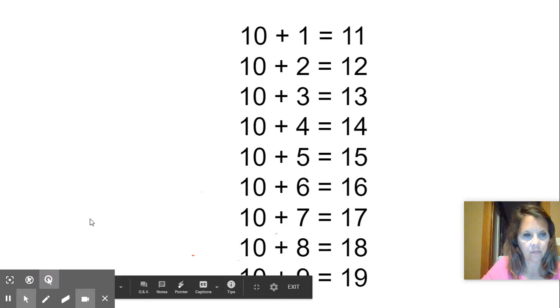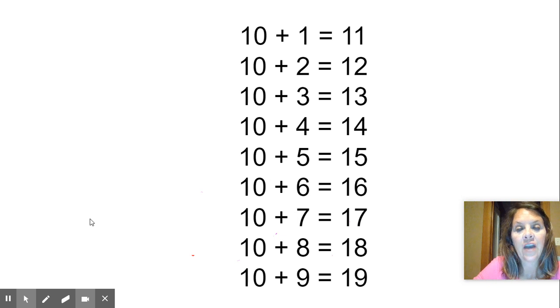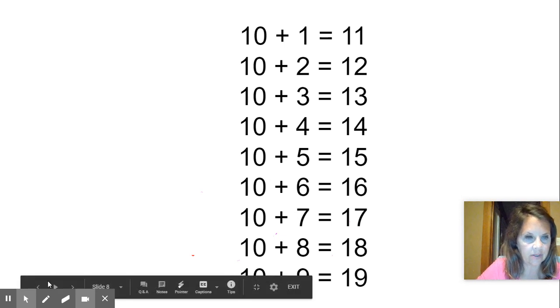Way to go. So you've gotten a chance to practice a couple of those problems with me, and here is a list of equations of 10 and some more, and the teen that correlates with that. So here's what it would look like, and you'll probably see a pattern. So we have 10 plus 1.